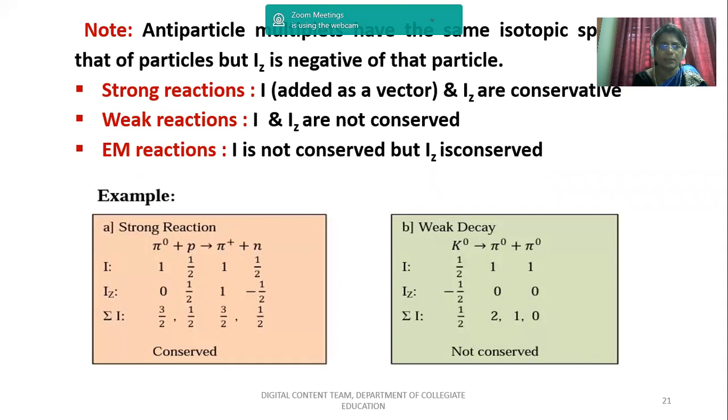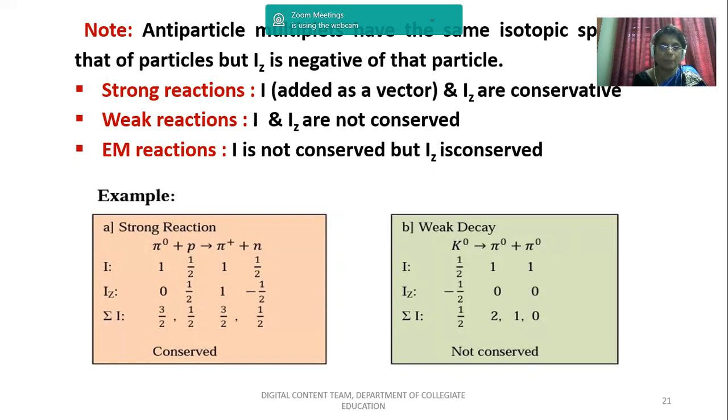Here, for pi naught, the neutral pion, I value is 1, and proton is half, pi plus has 1 and neutron has half. Similarly, for Iz, pi naught is 0, proton is half, pi plus is 1 and neutron is minus half.